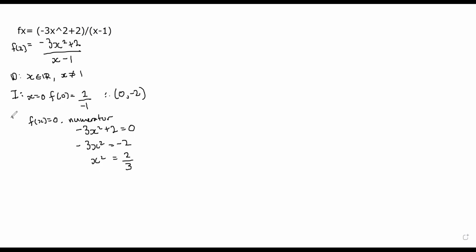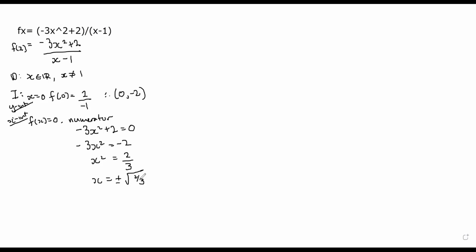This is for the y-intercept. Sorry, no, this is for the x-intercept. So this is y-intercept. The bottom is the x-intercept. So notice how I made x equals 0. That's y-intercept. And here I made y equals 0. That's x-intercept. So x is going to be plus or minus square root of 2 over 3.